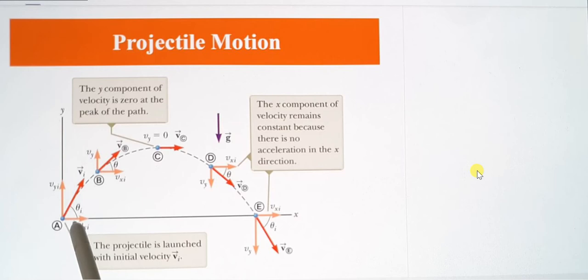So our problem is less complicated. Let me repeat: projectile motion is a special case of two-dimensional motion. We have motion in the x and motion in the y. However, it's easier because in the x we don't have acceleration, just constant speed or constant velocity.